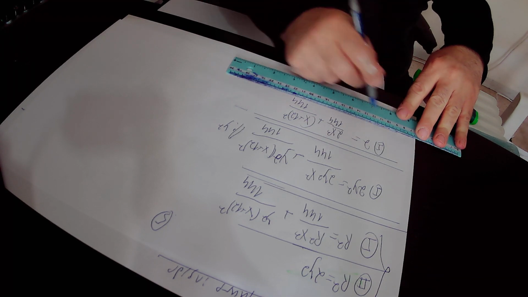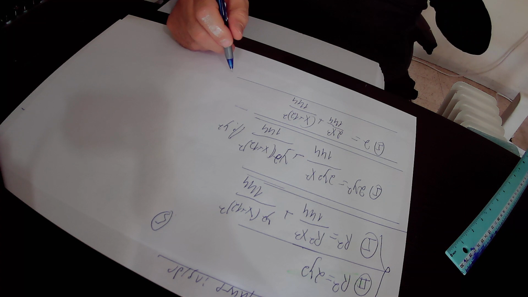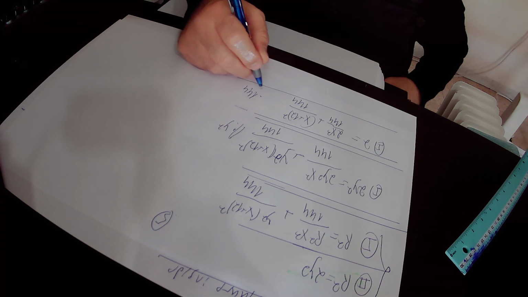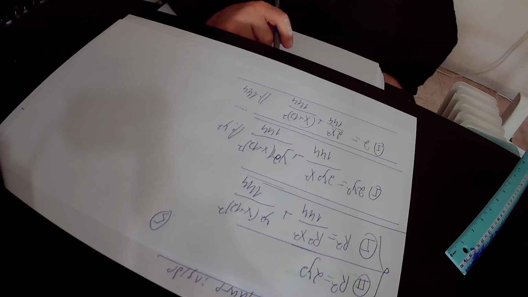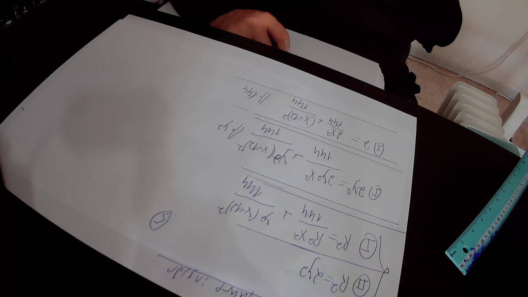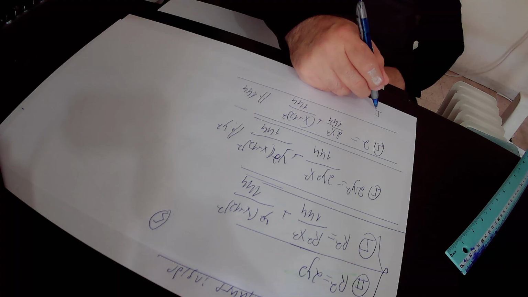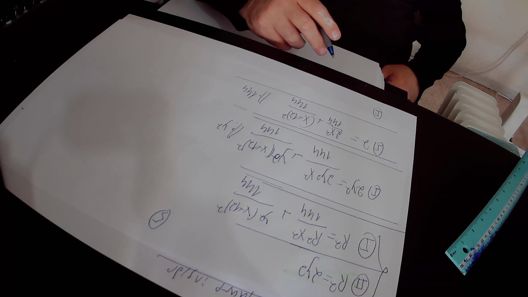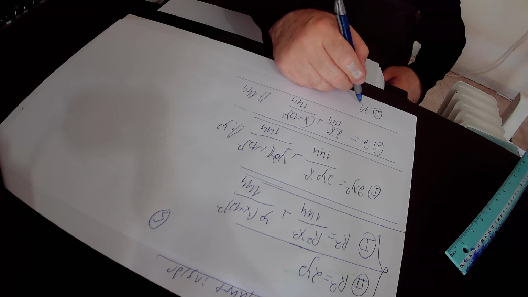So here we multiply this equation 1 by 144, and we get according to this equation 1, two times 144 is 288.